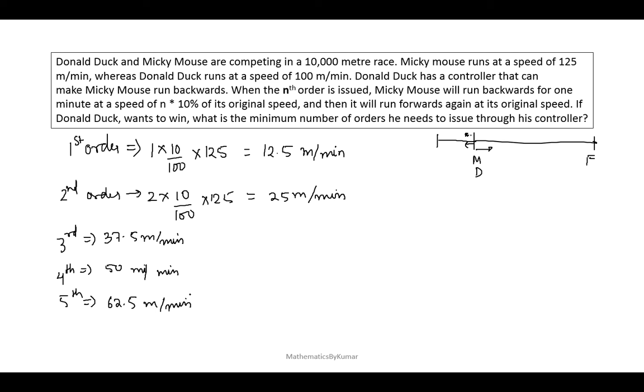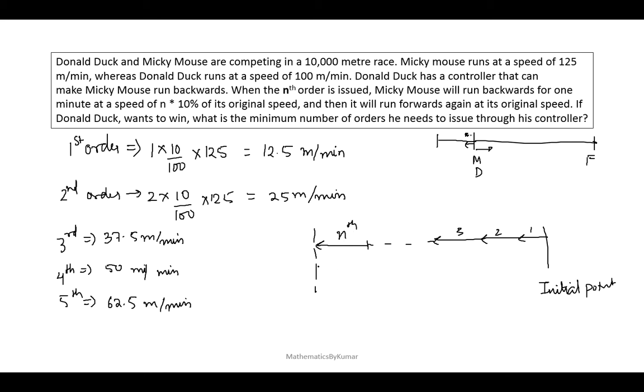Okay, now see, we need to get rid of Mickey for 20 minutes. Now how this is being done, let's again see this as an initial point. After every minute Mickey is going back, and this distance is increasing. Let's say this is the first order, this is the second order, this is the third order, and this is the point where the nth, or the last order is issued.